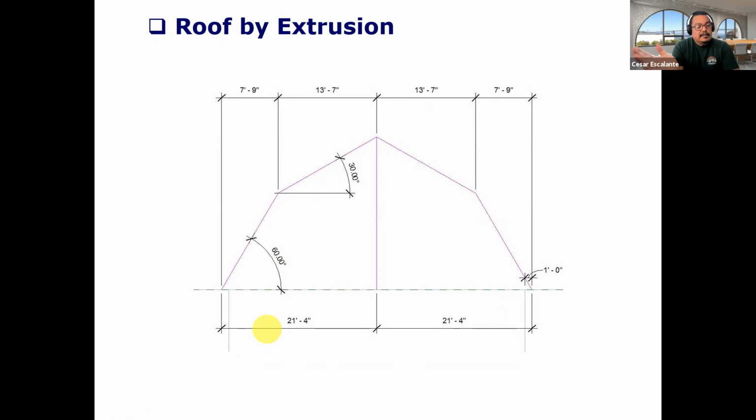This profile is the lower projection of the surface underneath the roof. And this is one of the few system families where the sketch lines don't have to close. You can just define the shape of the roof in a section. You can use reference planes to help you guide it for precision.